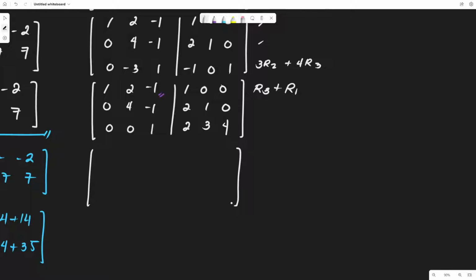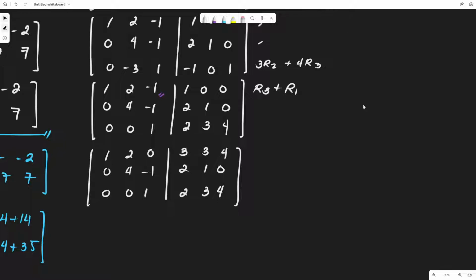So, we have here 0, 4, negative 1, 2, 1, 0, 0, 0, 1, 2, 3, 4. Then 0 plus 1, that is 1. 0 plus 2 is 2. Then 1 plus negative 1 is 0. Then 2 plus 1 is 3. 3 plus 0 is 3. 4 plus 0 is 4.